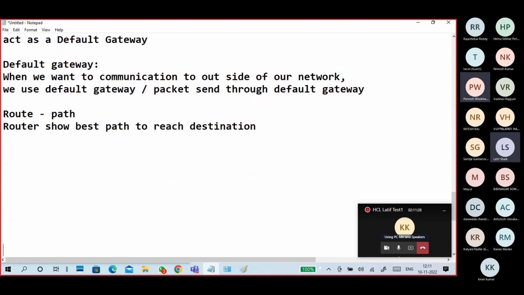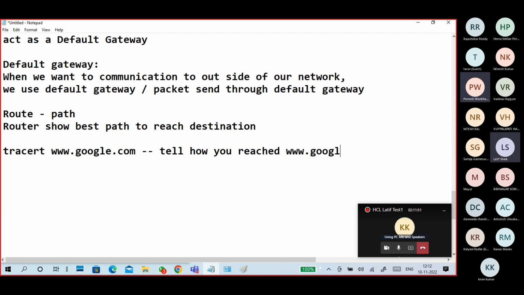Okay. How to reach the destination? Tracert www.google.com tells how you reached google.com. Means guys, like I want to go from one place to another place.